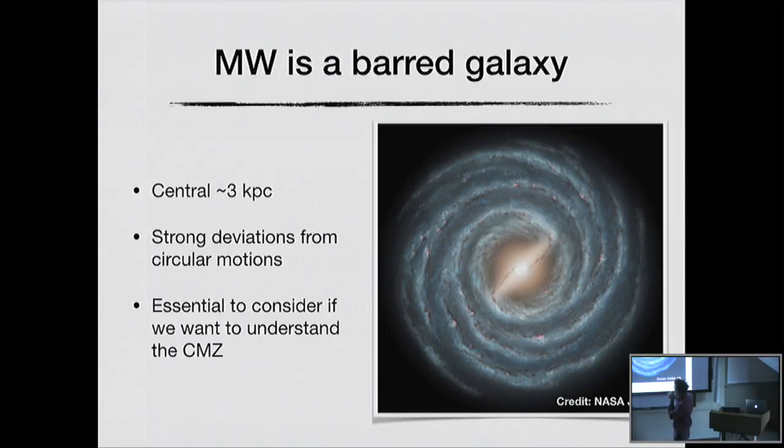And we know that our galaxy is barred, so it has a bar. With this talk, I would like to convince you that the motions, the behavior of the gas in the presence of a bar are extremely important in shaping the central molecular zone. And it is therefore extremely important to consider the whole region if we want to understand the very center.